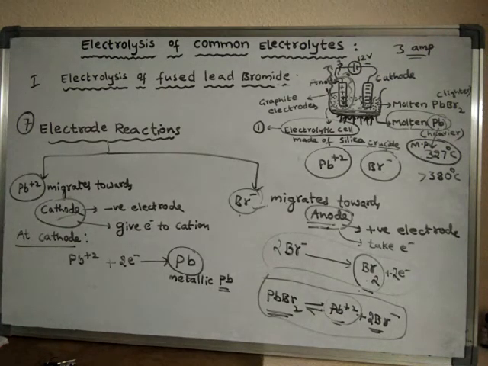So actually pure water is a bad conductor of electricity. As pure water is a bad conductor of electricity, it does not produce ions. Actually, pure water does not contain any ions, so that is why it is a bad conductor of electricity.